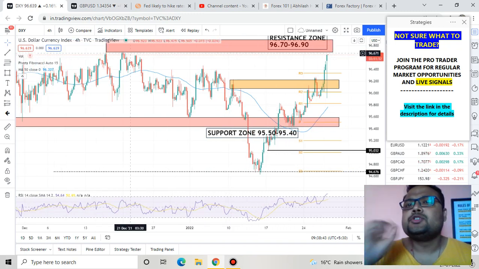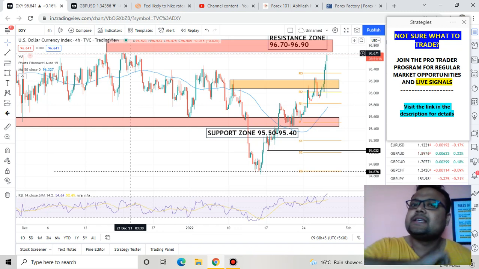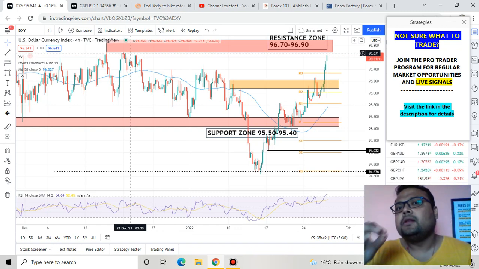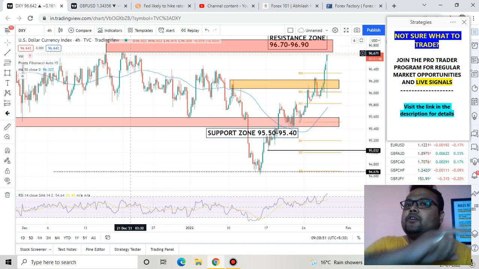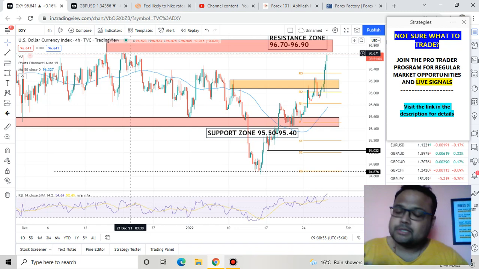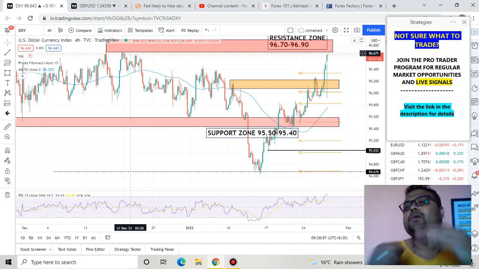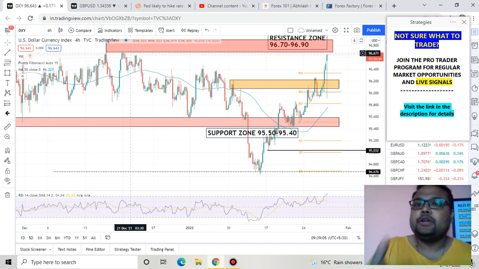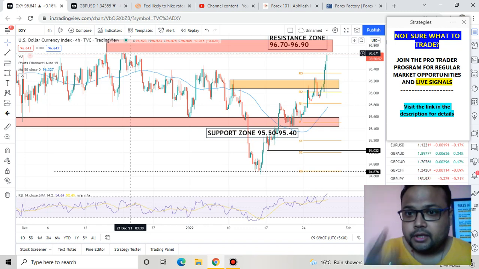Dollar has given a good run, but once it reaches the resistance zone, I'm not saying there will be a complete trend reversal, but the uptrend, the bullishness, will see some selling pressure, at least a resistance here. So at that point we may see some correction on Euro USD and GBP USD.